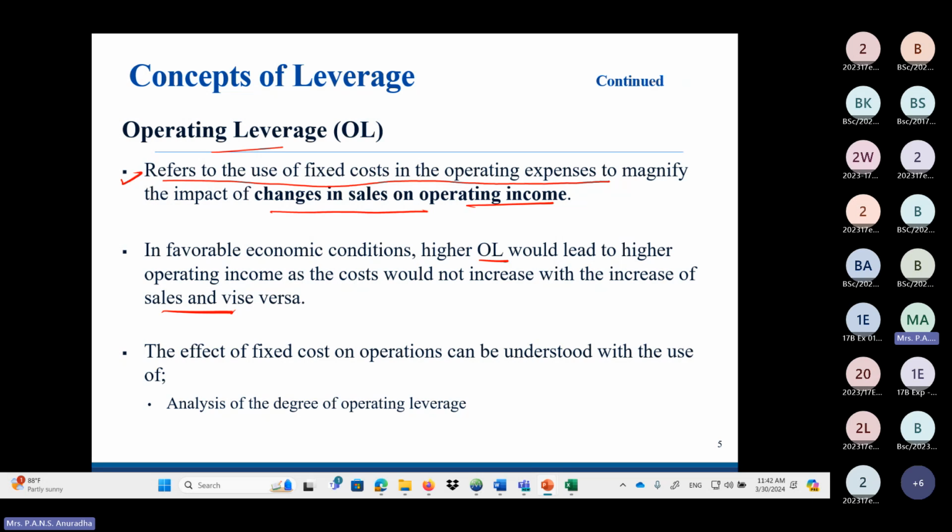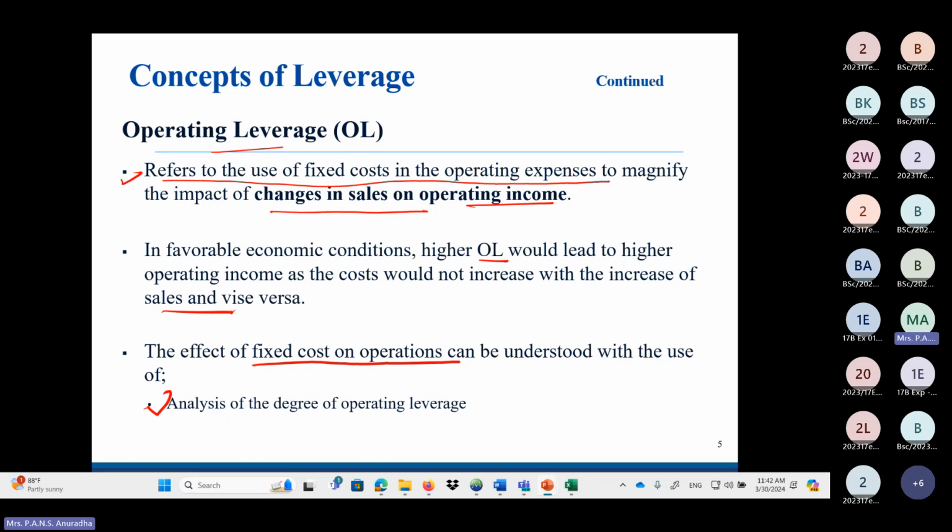Conceptually, I explained two concepts: leverage, business risk, and operating leverage. Right? So this effect of fixed cost on the operation can be understood by calculating the degree of operating leverage.